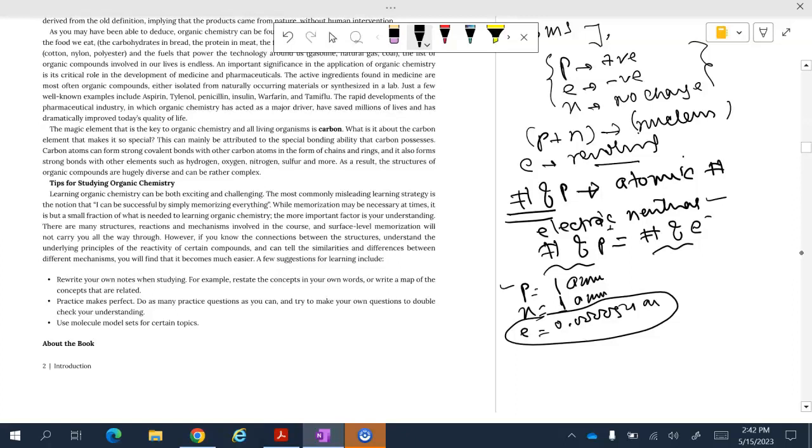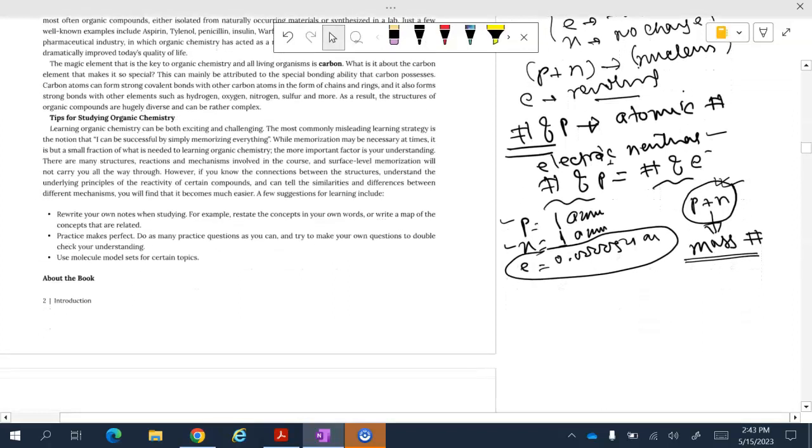The proton and neutron, the components of the nucleus, decide the mass of the atom, and that is why we have the mass number. Mass number is the sum of the number of protons and neutrons present in the nucleus. Again, this is material that you have learned in your GenChem 1 and GenChem 2 courses.